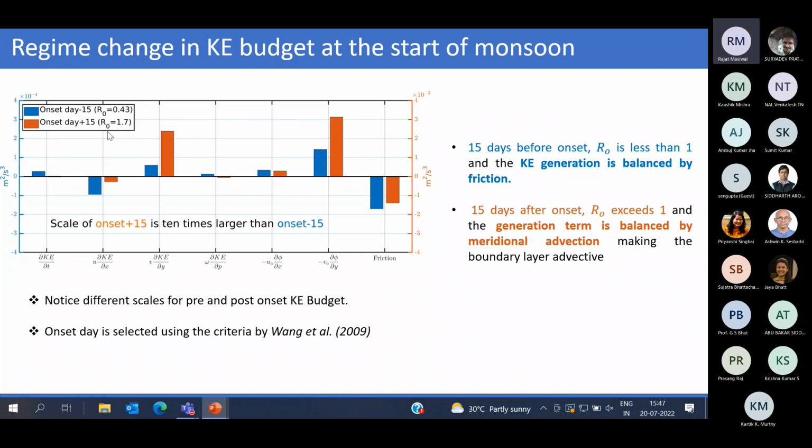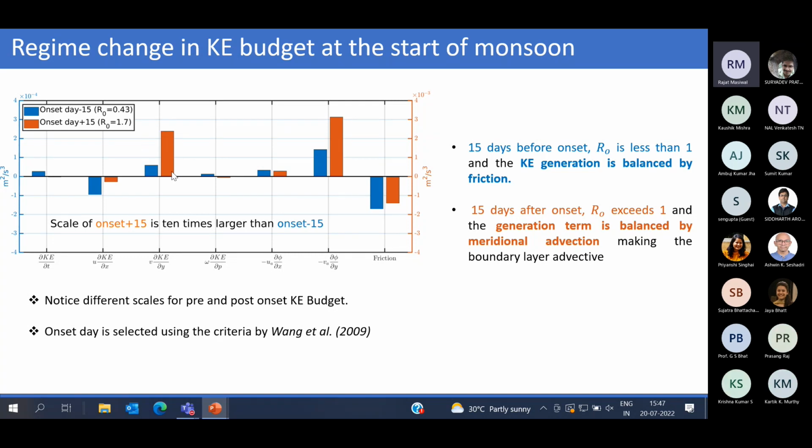But 15 days after the onset, the Rossby number exceeds 1, and you start seeing a nonlinear advective balance between the meridional generation VA dφ/dy and the meridional advection of kinetic energy given by V times dKE/dy.